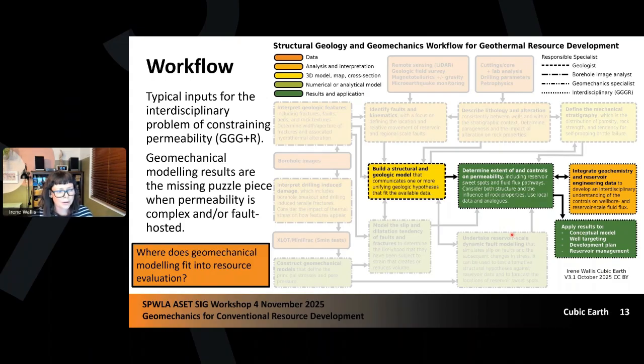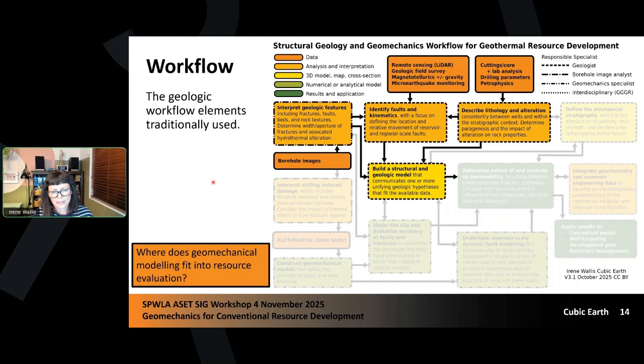And geomechanical modeling in these more complex systems or complexly permeable systems is the piece that is contributing to the story. It's not the panacea. You're still integrating all of the other parts together, but it's contributing to the analysis.